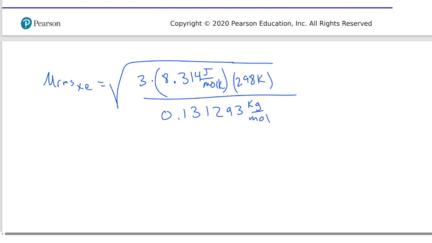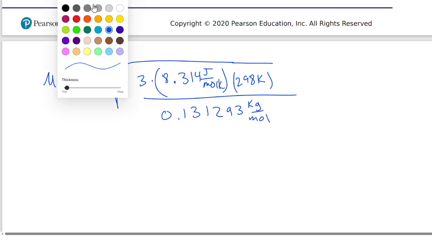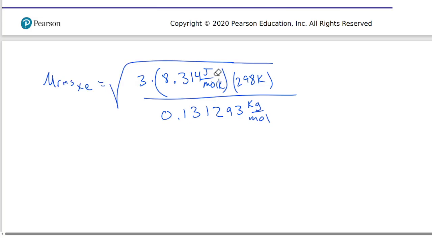Okay? And we know a joule is a kilogram meter square per second square. Okay? So now let's cancel our units. So Kelvin cancels, moles cancels, kilograms cancels, and we're left with meter square per second square.